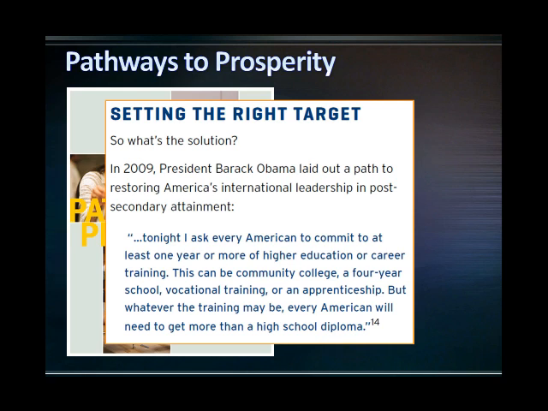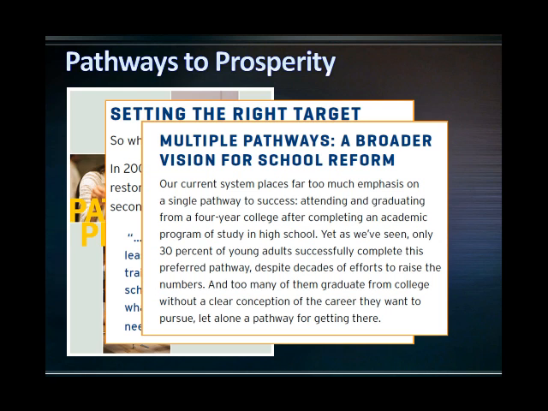And so what this study really talks about, there are several different things in this piece of work that was provided by Harvard, but a key point of it for me was the fact that they said our current educational system places too much emphasis on the idea that there's a single pathway: we go through a high school college prep program, we go to the university, we get a bachelor's of science degree in computer engineering or computer science.